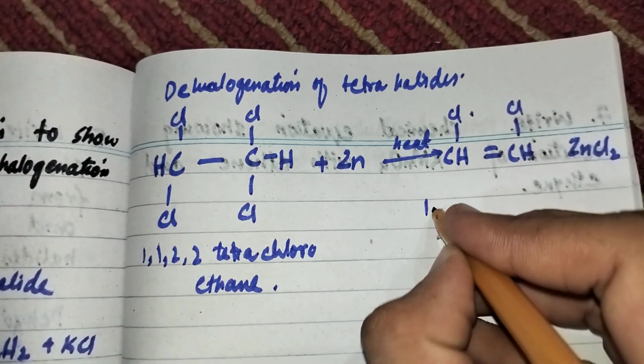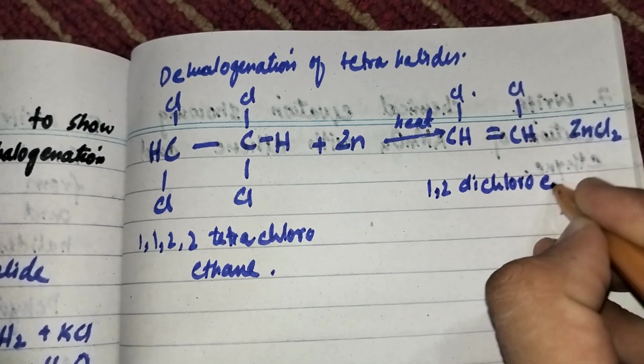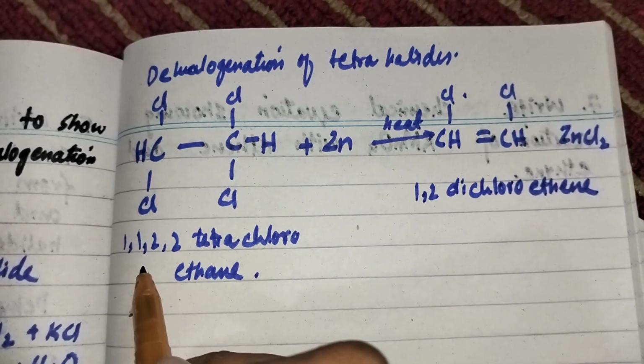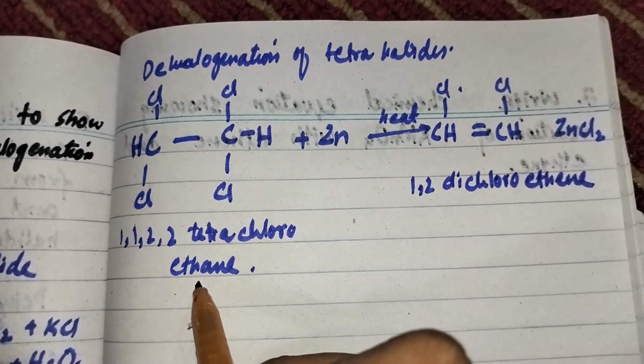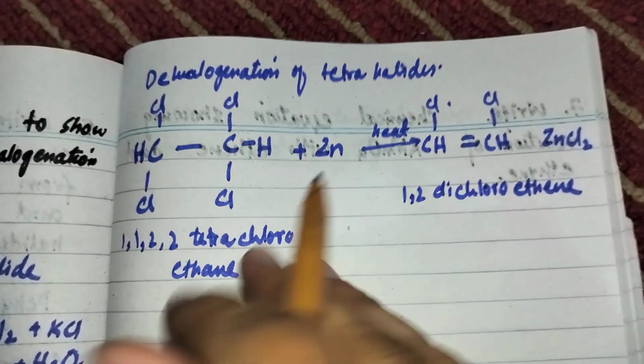So it is now 1,2 dichloroethene, meaning that 1,1,2,2 tetrachloroethane is converted into 1,2 dichloroethene when reacted with Zn in the presence of heat.